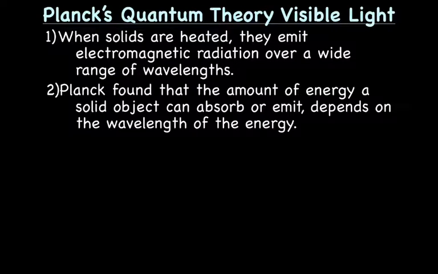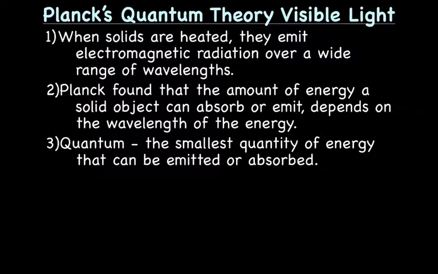And Planck found that the amount of energy a solid object can absorb or emit depends on the wavelength of the energy. Okay, so it can emit more or less depending on the actual wavelength. So he defined a quantum as the smallest quantity of energy that can be emitted or absorbed by a solid.